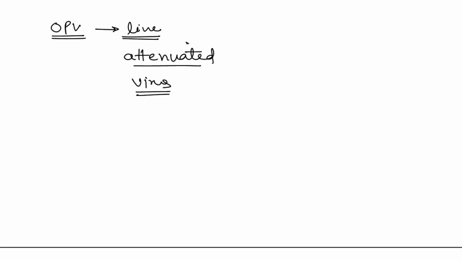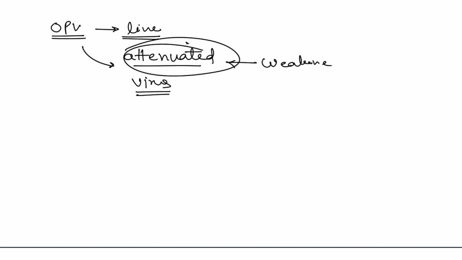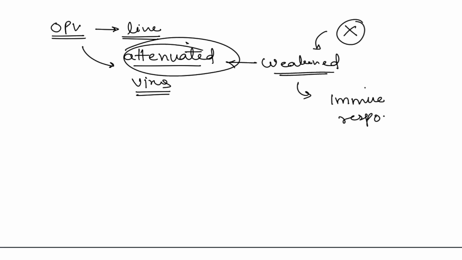So the vaccine itself has the live virus, but it is attenuated, which means it is weakened. So it would not affect you, but it produces an immune response in the body.